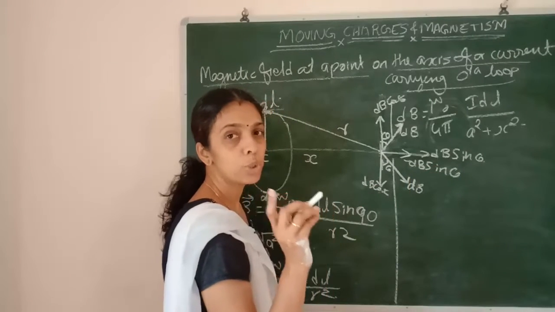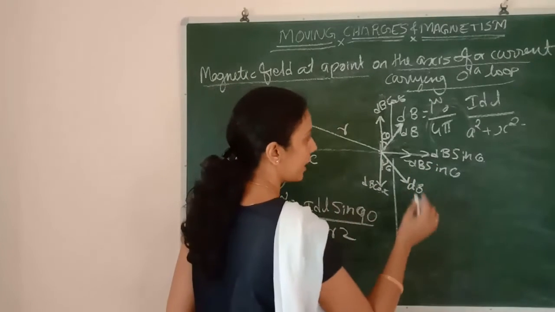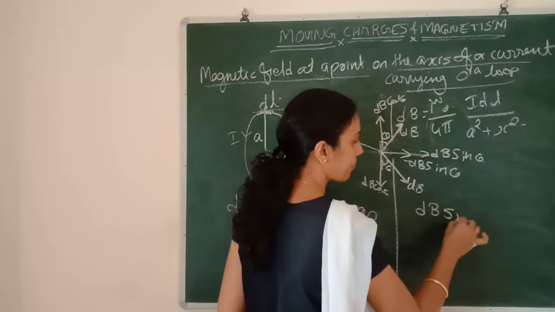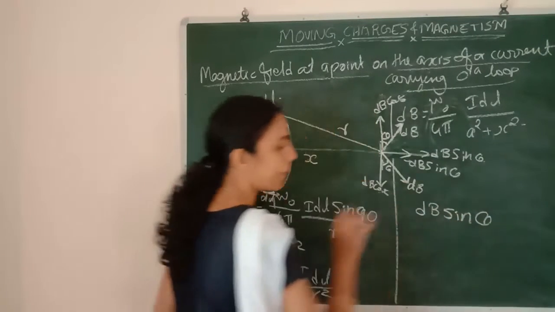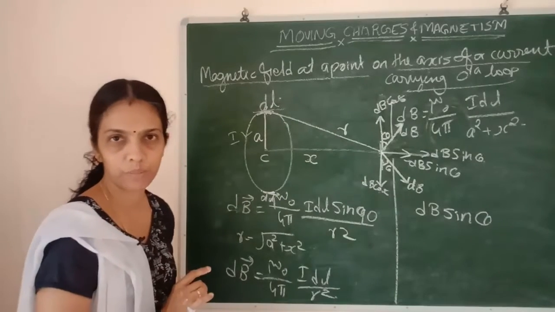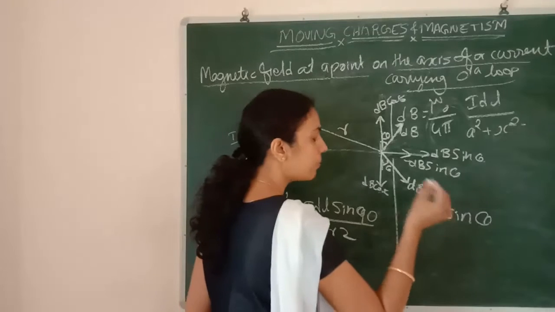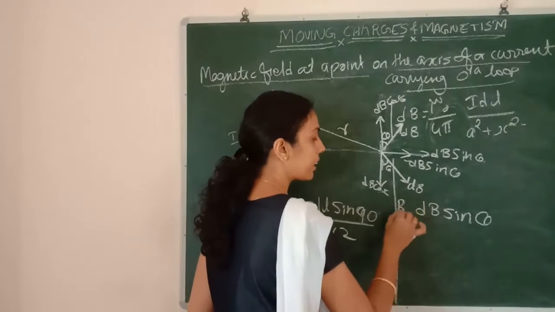So it will be 2 dB sin theta. Therefore dB sin theta for each half gives the total magnetic field at that portion, including the direction. So how can we find the total magnetic field B?